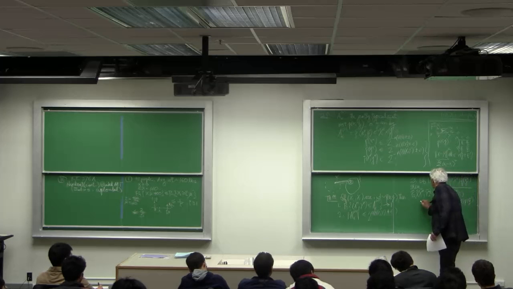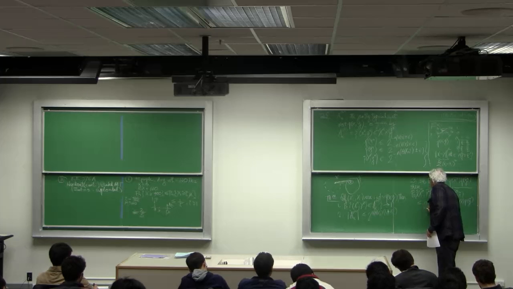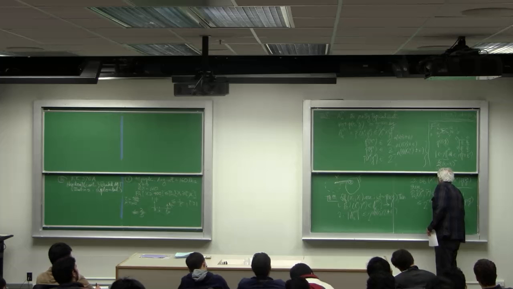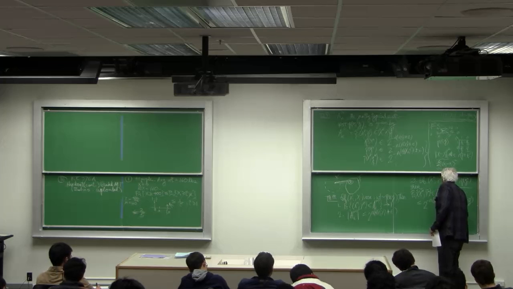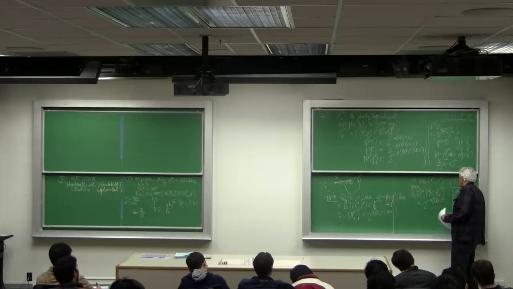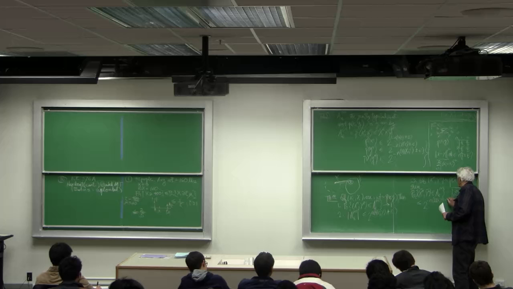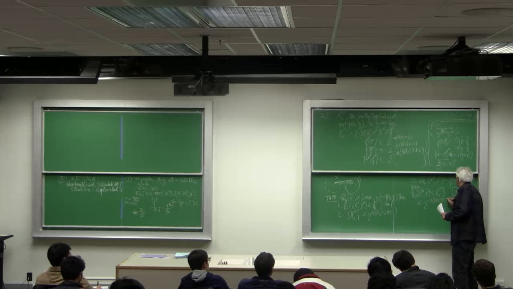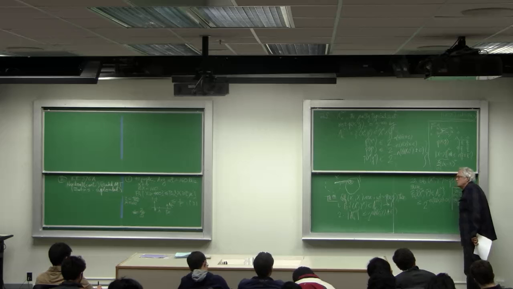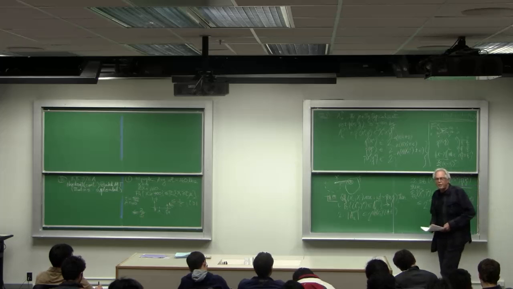In fact, it's less than 2 to the minus n I of XY, the mutual information between X and Y, minus 3 epsilon. So that's very important.